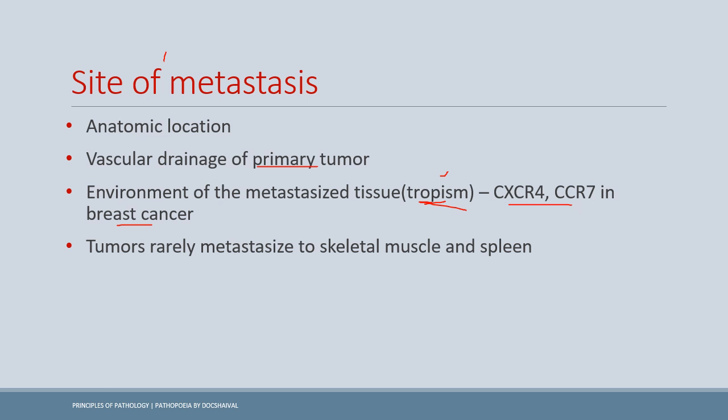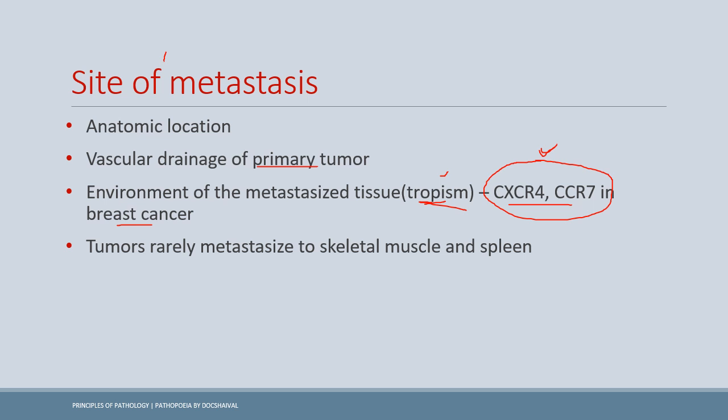Okay, and the genes that are linked with breast cancer are that they have CXCR and CCR7 receptors. These are the chemokine receptors that some cancer cells express, and this is important in determining their location of metastasis. So both these factors determine where the breast cancer is going to metastasize.